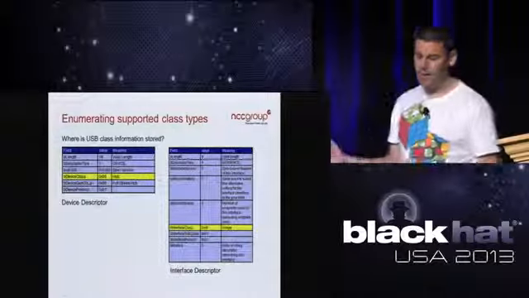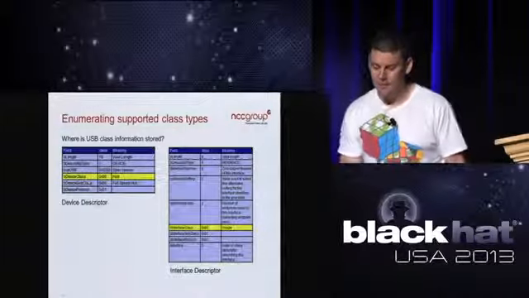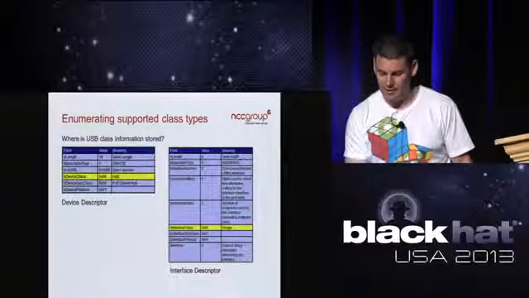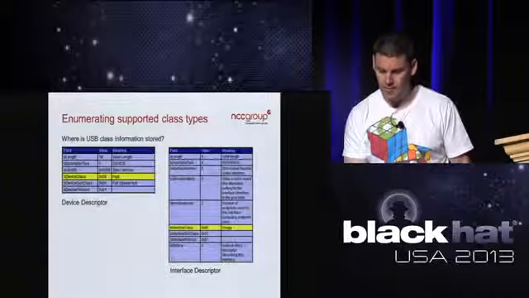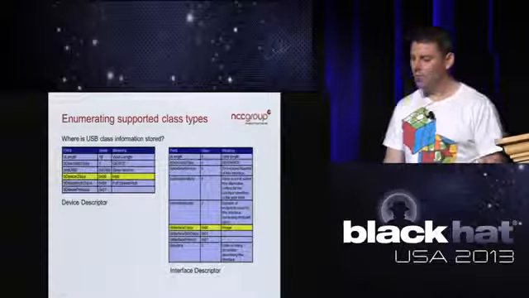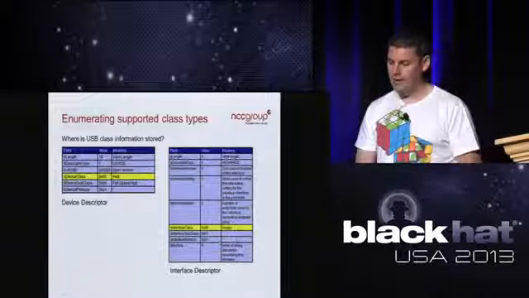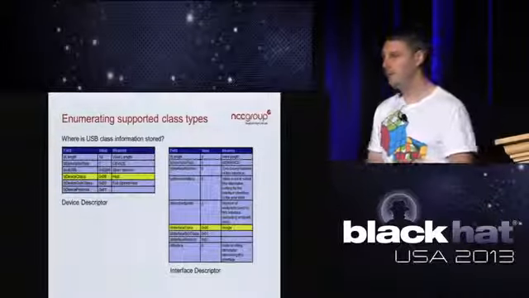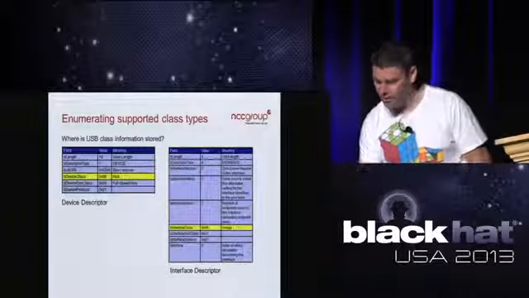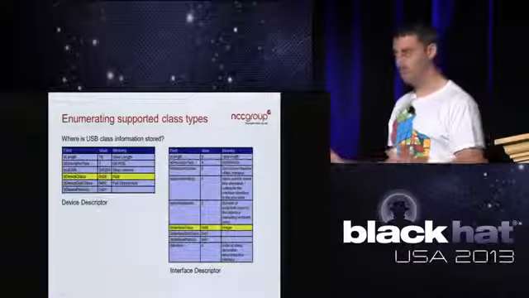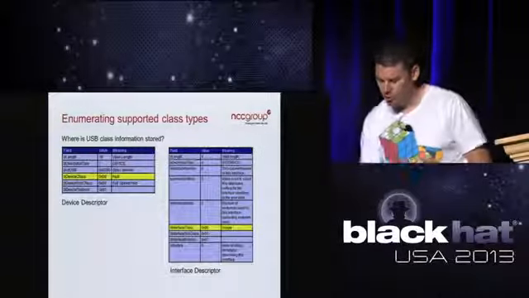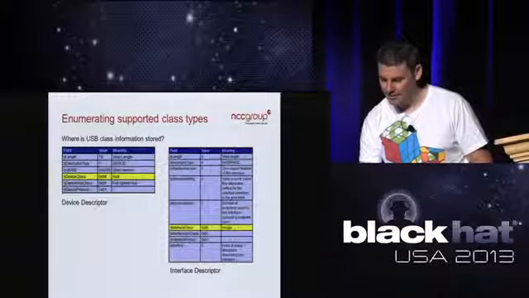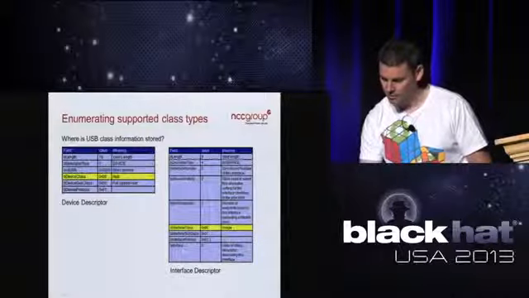And with some classes of device, they specify the device class within that device descriptor. The more common approach is, because you may have multiple interfaces on a USB device that support different classes, you will have the class-specific data in the actual interface descriptor, as you can see there.